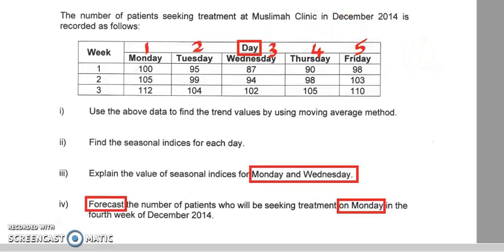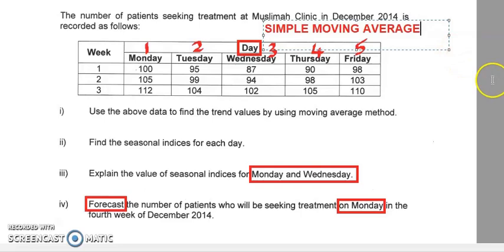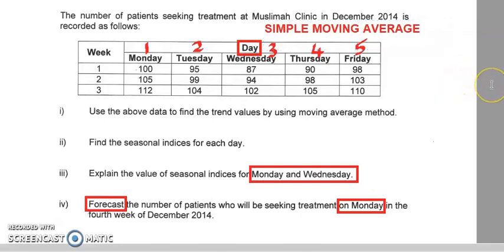So 5 is an odd number, right? So if odd number, meaning to say that in this question, we're going to use simple moving average. Okay. So that's how you determine when to use simple moving average. If you have 3 days only, that is an odd number as well, so use simple moving average.